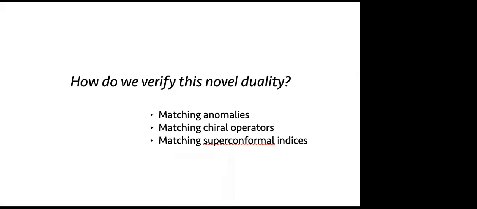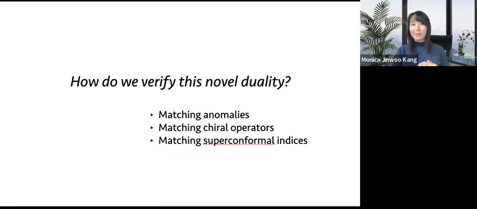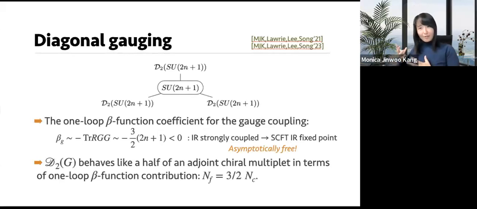Okay. Perfect. All right, so we'll first start with, of course, matching anomalies and describe why we can get such things. So as I was saying, we're going to do diagonal gauging. So we should check first, as a supersymmetric field theorist, the 1-loop beta function coefficient for the gauge coupling. So then we can get this trace R G G with a minus sign, and we can see that this will be explicitly negative.